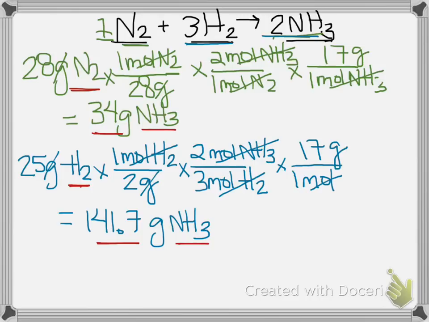So, if we were to mix the two together in the lab, we know, since this is the smaller number, that once 34 grams of ammonia have been produced from our reaction, we're going to run out of nitrogen, which is going to stop the reaction. This tells us that nitrogen, or N2, must be the limiting reactant, or reagent, whichever way you want to say it.